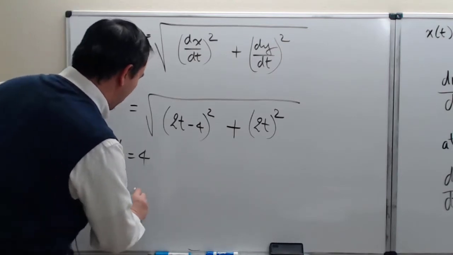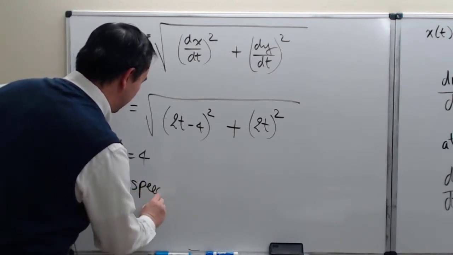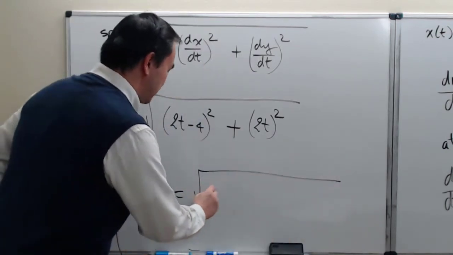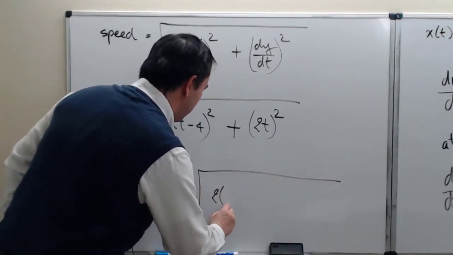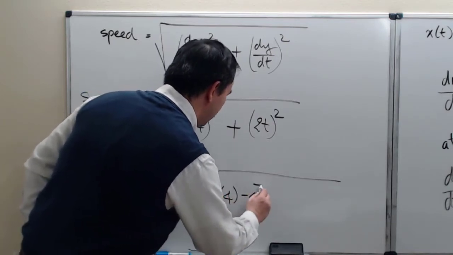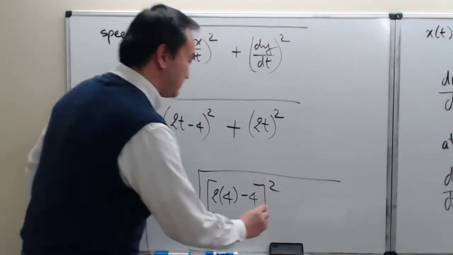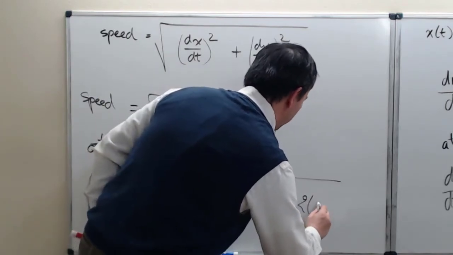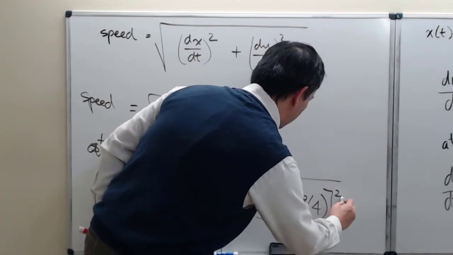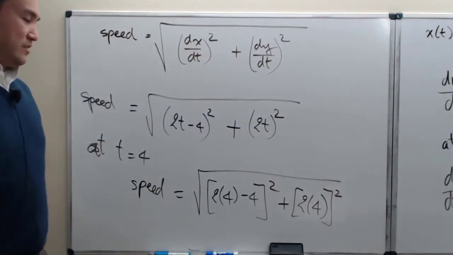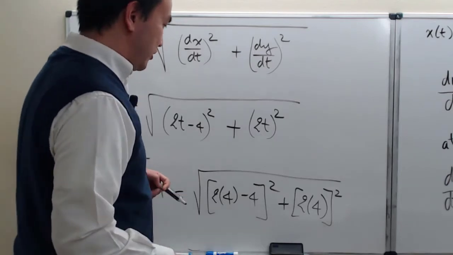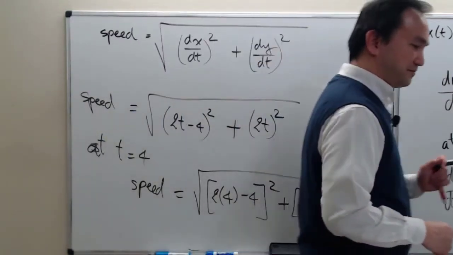At t equals 4, speed will equal the square root of (2 times 4 minus 4) in parentheses squared, plus (2 times 4) squared. Every t is being substituted by 4. Now I am going to take about a minute or so for my calculation, and I should be able to write the answer on the other board.